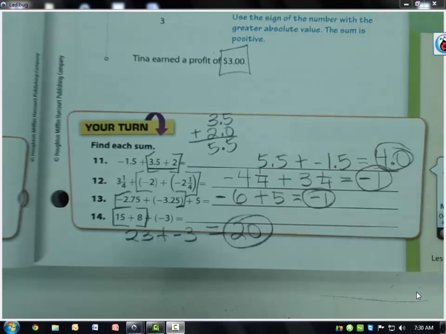For 13, we should have added our negatives first, and then added, so we had negative 6 plus 5 equals negative 1. For 14, we should have added positives first to get 23, and then add negative 3 to the mix. That means we're subtracting, and 23 is bigger, so we end up with 20.